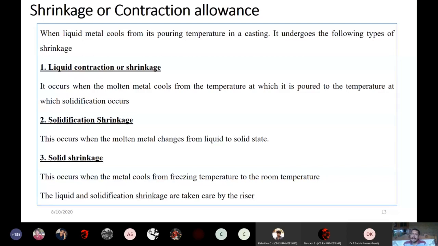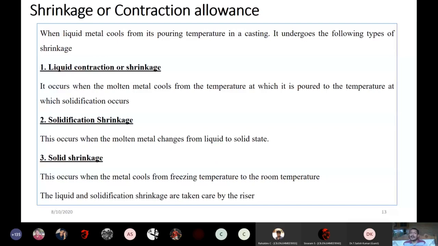From the choke, you will have your gate and the runner system, and it will fill into the mold cavity. Once it is completely filled, the metal comes up to the top through the riser, which indicates that all your mold space is completely filled.